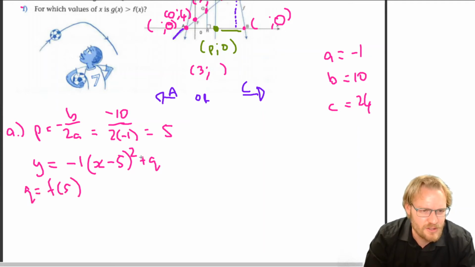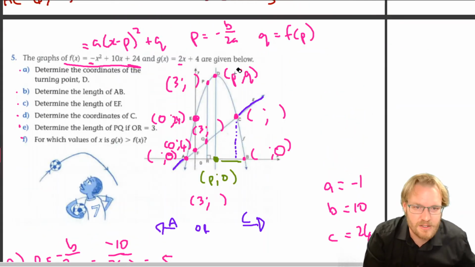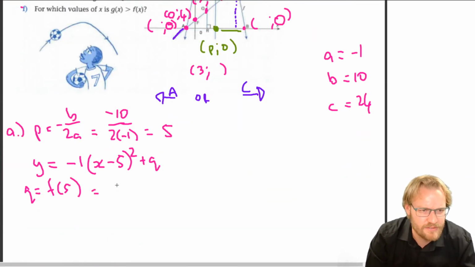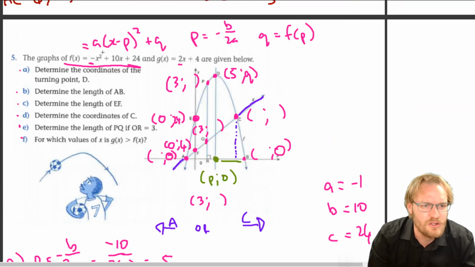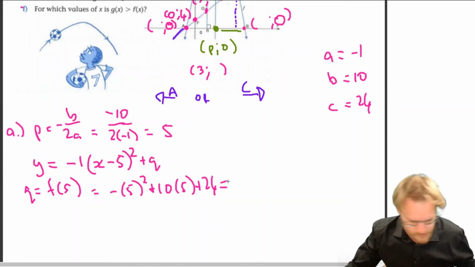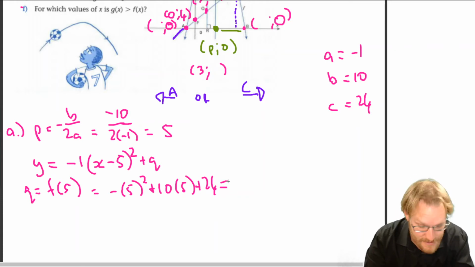In other words, if 5 is the input, so we can rub that out and replace that with 5, what's our output going to be? Well, f of 5 is, where's our equation? Minus x squared plus 10x plus 24. We get our calculator emulator out, and we go minus, and be very careful here because the minus is outside of that bracket.